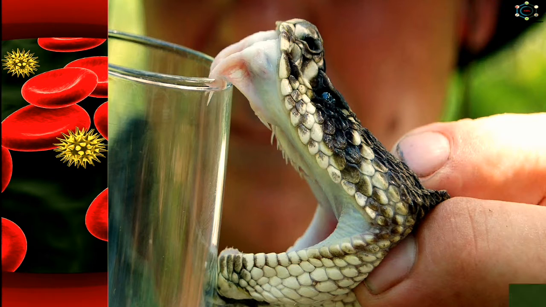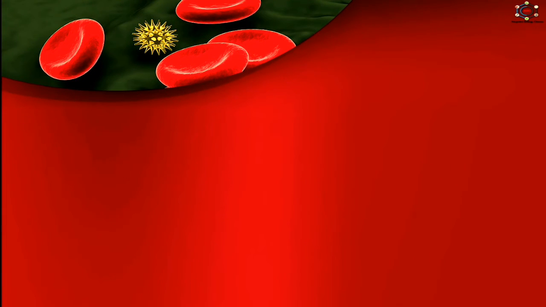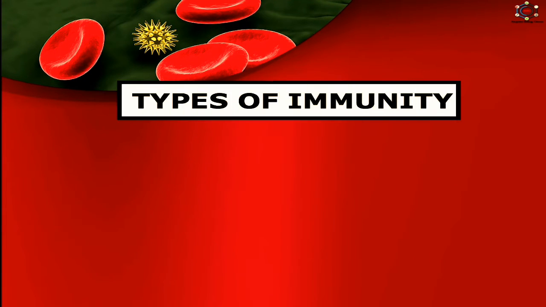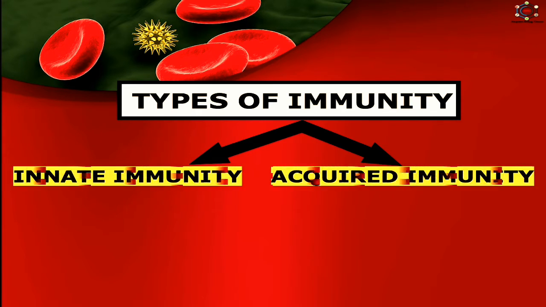After this, now types of immunity. So we will discuss each and every part in detail here. What are the types of immunity? There are 2 types of immunity, in which the first one is innate immunity and the second is acquired immunity.